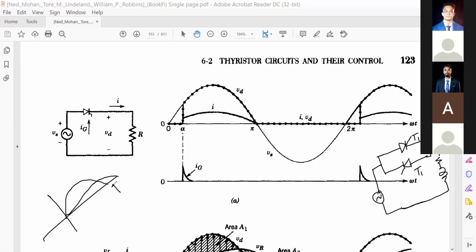Then in the negative half cycle, if we apply another gate pulse here, the voltage is 0 but the current is still there. If you apply the gate pulse then, you will lose control. So what we do is give this kind of train of pulses in the AC controller circuit.